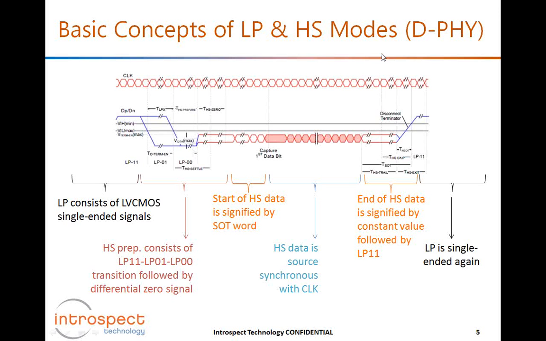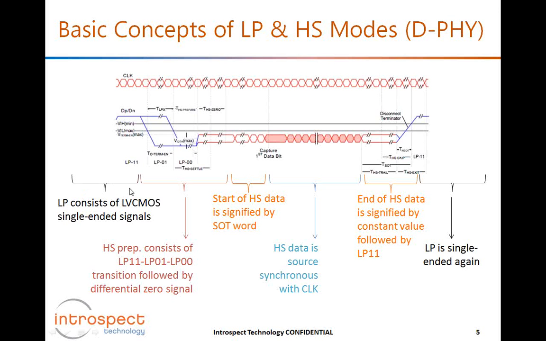So in this slide, we describe this concept of low power and high speed for the D-PHY standard. These items are displayed here, and I tried to use the same color code that I did for the previous slide so that we can relate to it. The black section is the low power mode.